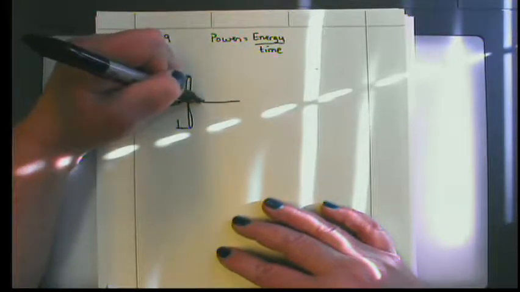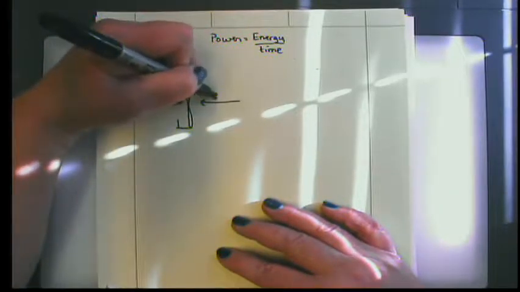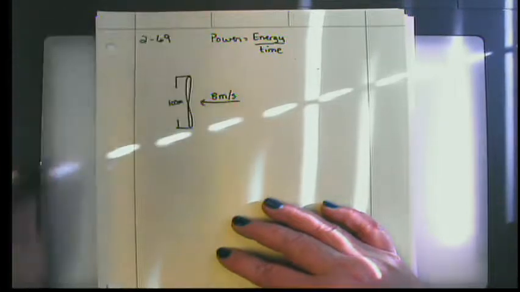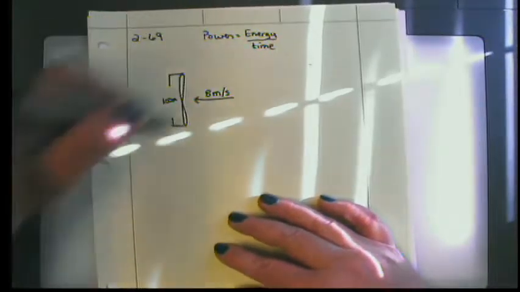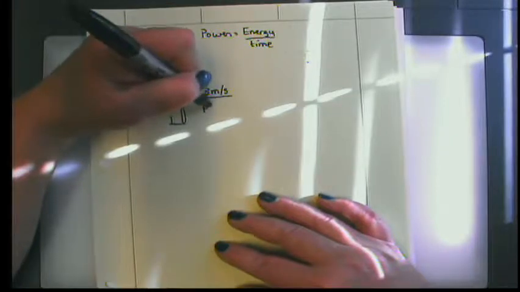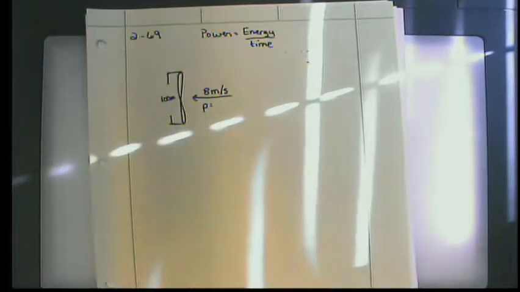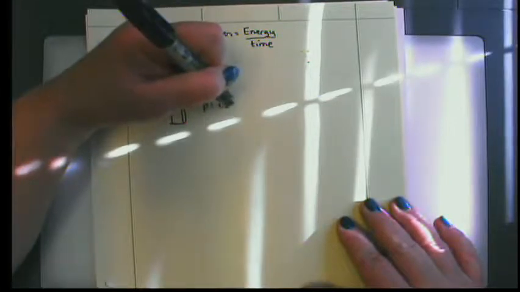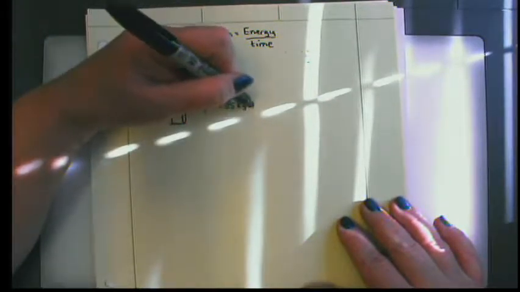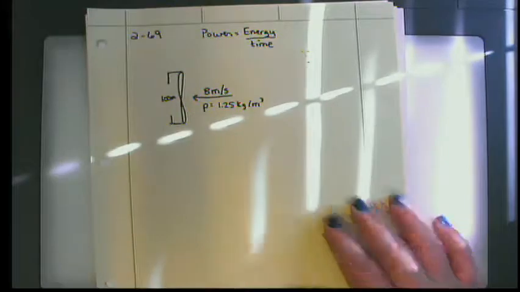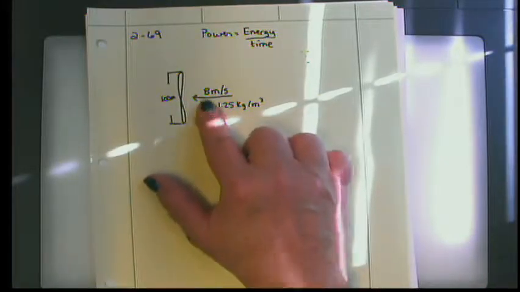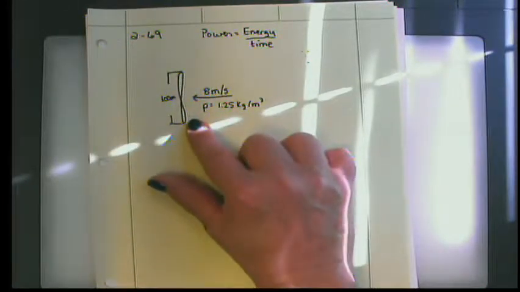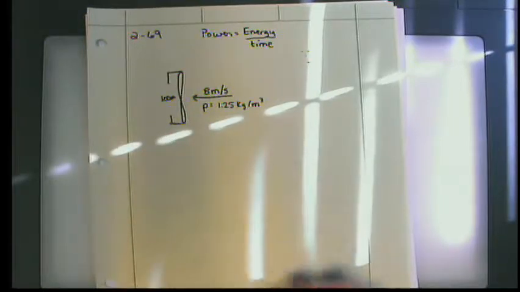And it's being impinged with wind at a speed of 8 meters per second, and the air density is 1.25 kilograms per cubic meter. So what we're really talking about is a volumetric flow rate past this wind turbine.